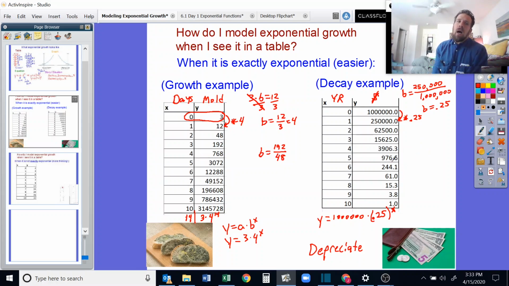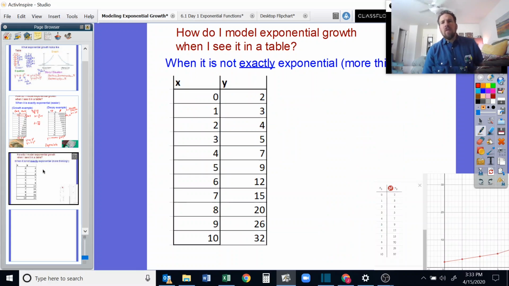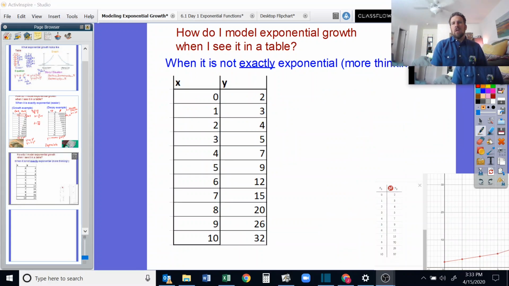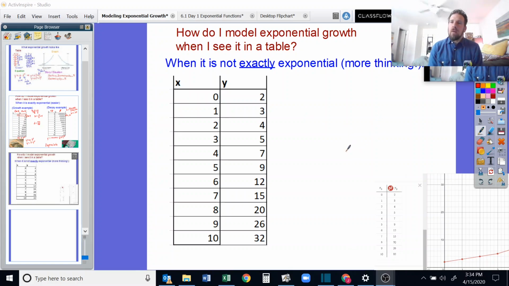In any case, the reason that I bring up the detail on the exact value is because of what we're going to do next. One of the things that you all noticed when we were doing the Skittles situation was that the values that you got were not exactly multiplied by a scale factor every single time.